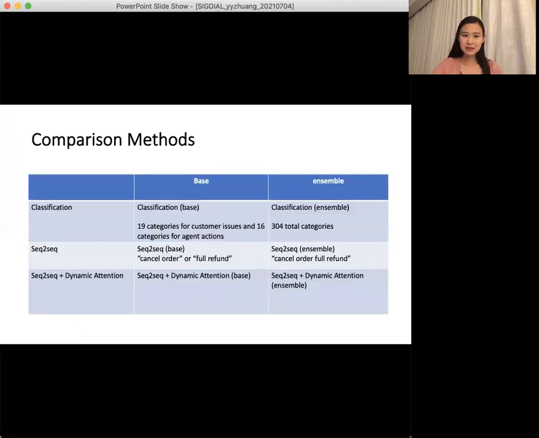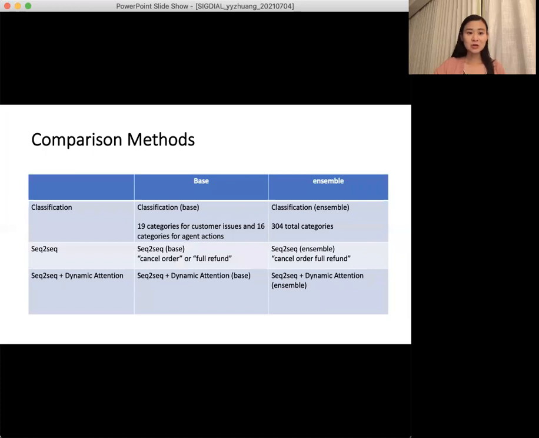For the classification downstream supervised learner, we use the indirect signal of customer issues and agent actions. In our data set, we group customer issues into 19 categories and agent actions into 16 categories.